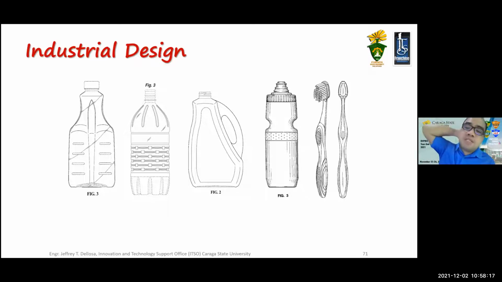So a lot of companies actually apply because they don't want others to copy their design, right? So you thought about that, you spend a lot of hours, and then somebody will just copy it. So if you have this kind of very good designs, you can seek industrial design protection.